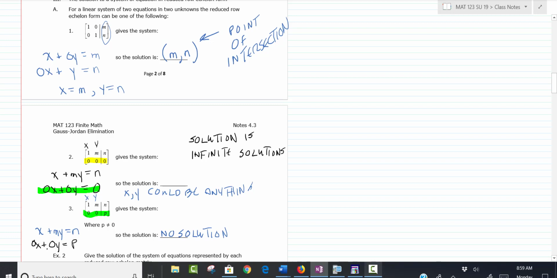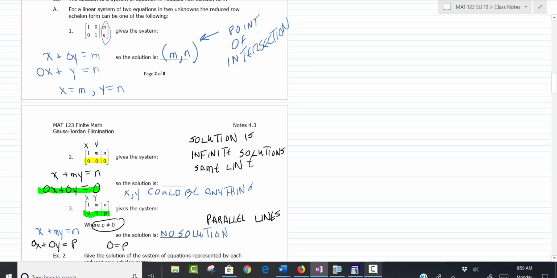And that's impossible. If you take any x and y, you would get 0 equals p. And we said in this particular problem that p is not equal to 0. What this would mean is that you have parallel lines because they don't intersect. And this number 2 would be the same line if you graph those two things.